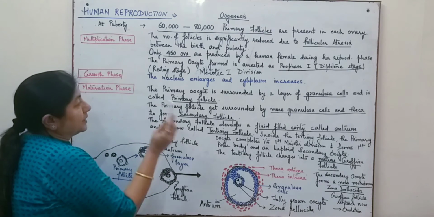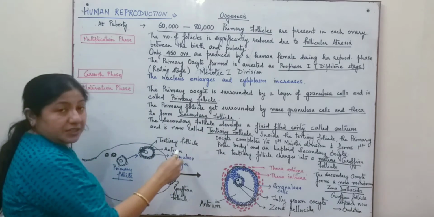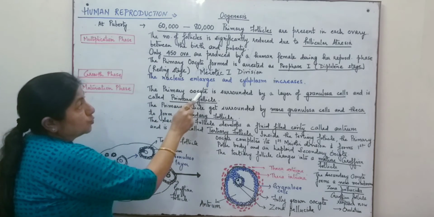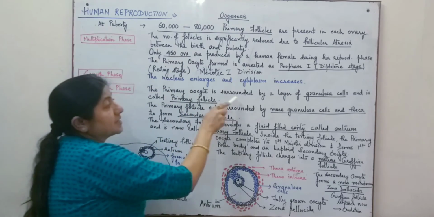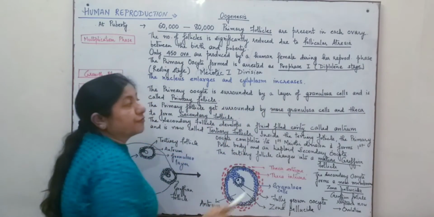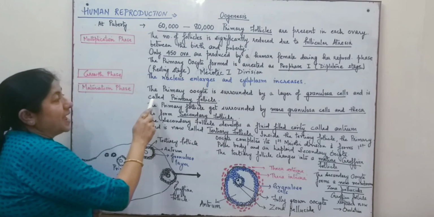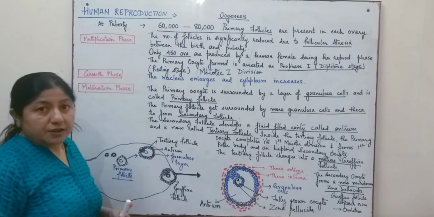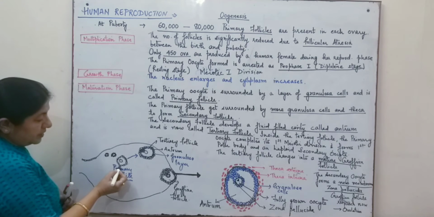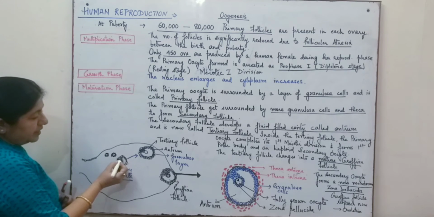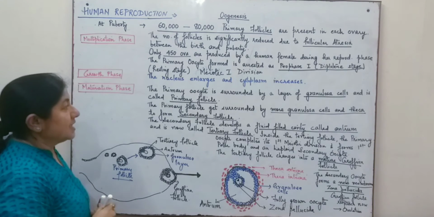So what is happening over here, I have mentioned in the steps: the primary oocyte which we have received from the puberty gets surrounded by a layer of granulosa cells and is now known as primary follicle. So over here the primary follicle will have a layer of cells which are known as granulosa cells.